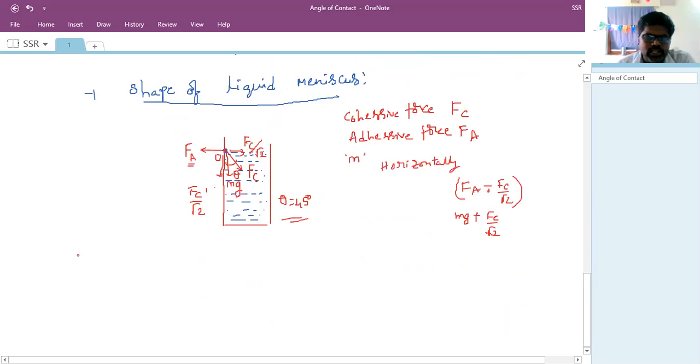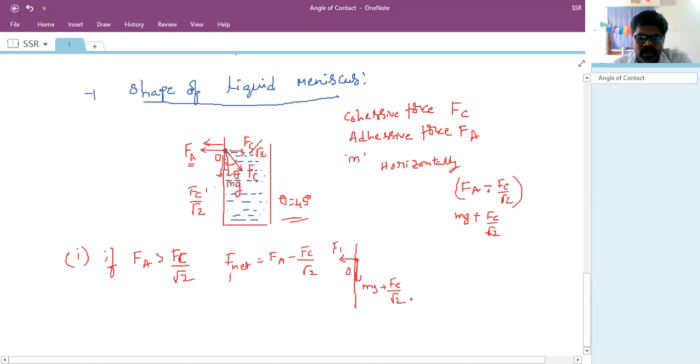Suppose case 1, if Fa is greater than Fc by root 2. That means the adhesive force is greater than 1 by root 2 times the cohesive force. Then what about the resultant force? The net force horizontally will be Fa minus Fc by root 2, in the outward direction. Let us say this is the point O, with this resultant F net 1, and one more force, mg plus Fc by root 2.